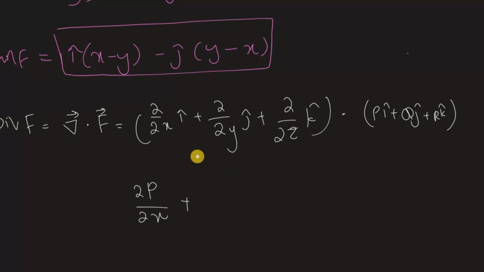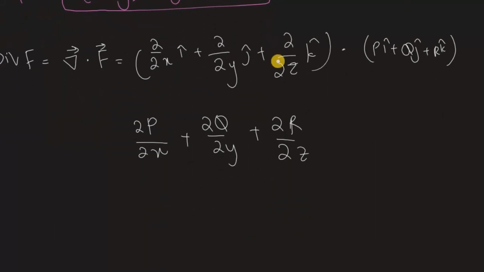Okay, so next we multiply this times this, so that would be partial derivative of q with respect to y plus partial derivative of r with respect to z. And this is how you calculate it.